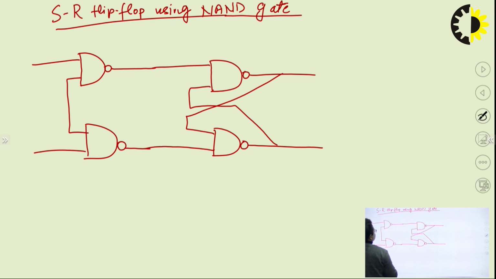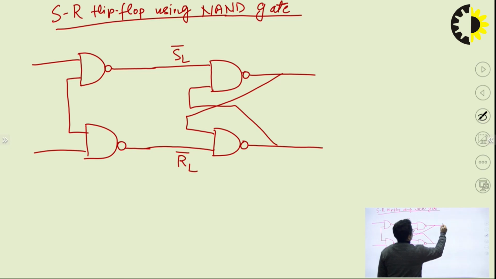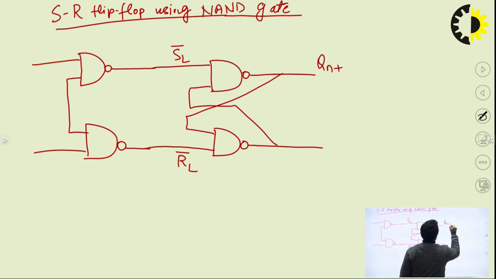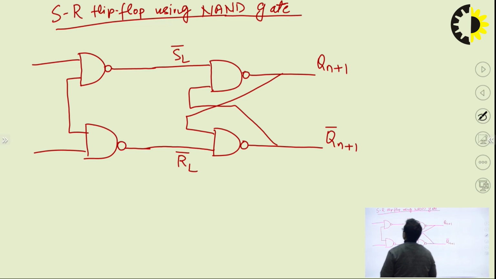So in this case, for the NAND we are having S_L complement and R_L complement, and this is Qn plus 1, Qn plus 1 complement, and similarly we are having a clock.